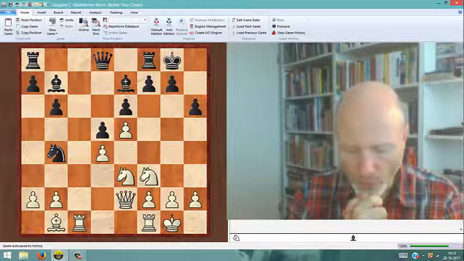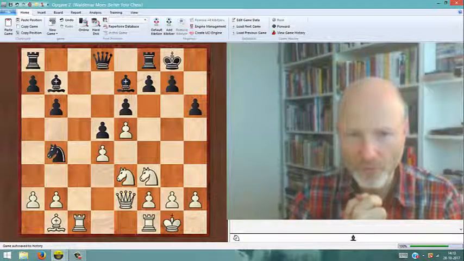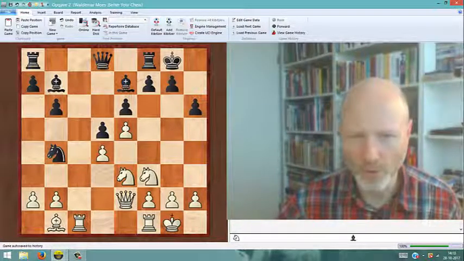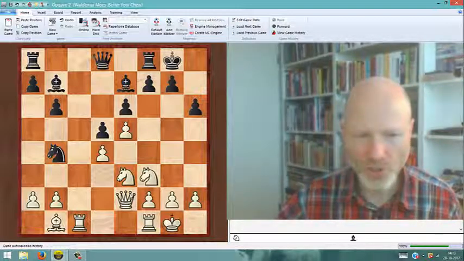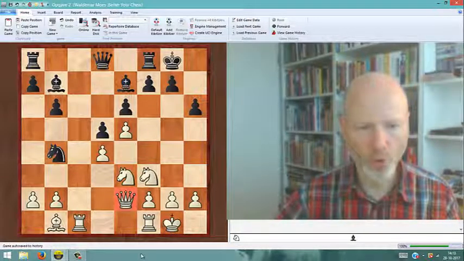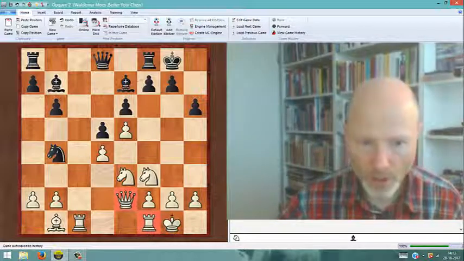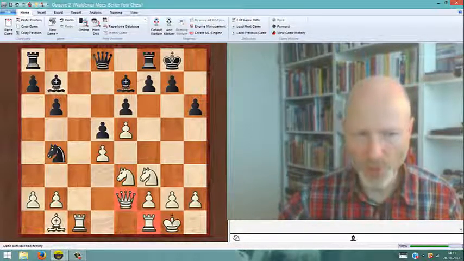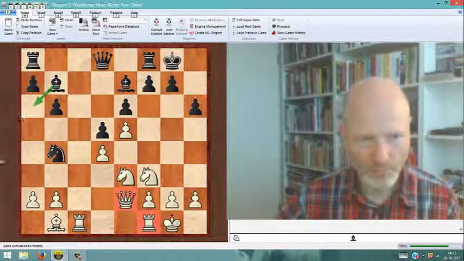Weaknesses are also pieces that are of a higher value and that can be attacked by a piece of a lesser value. And in this case, all of a sudden, the queen and behind her the rook are now in danger of being attacked by the bishop.